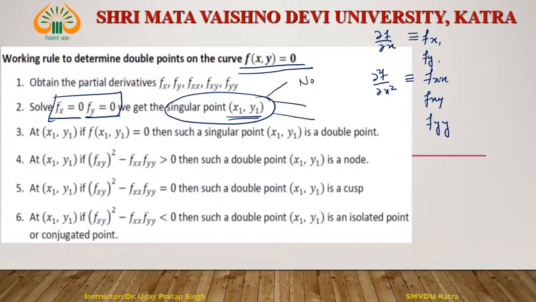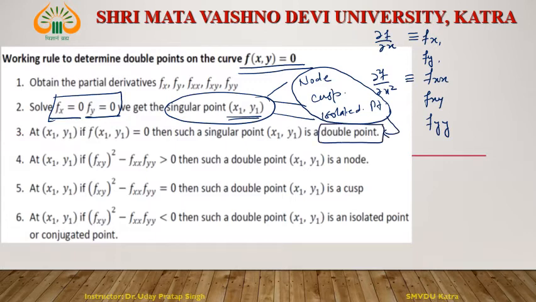This (x1, y1) is either a node or a cusp or an isolated point. These are the classification of a double point.